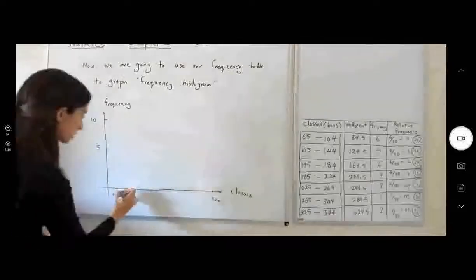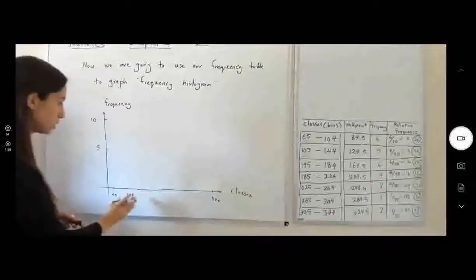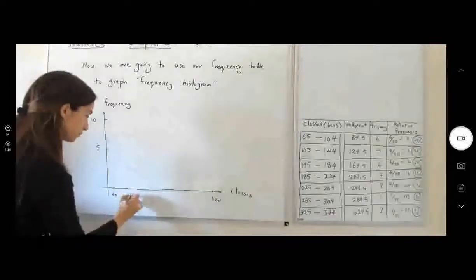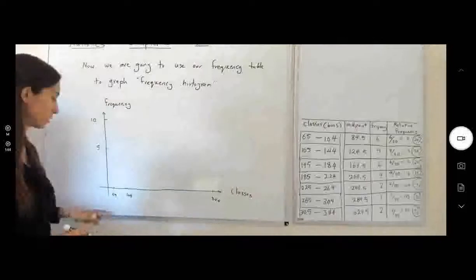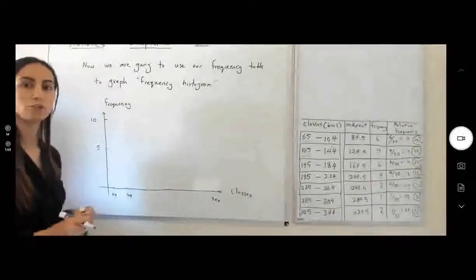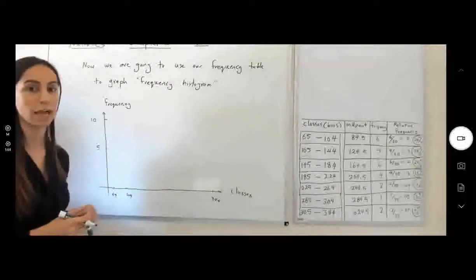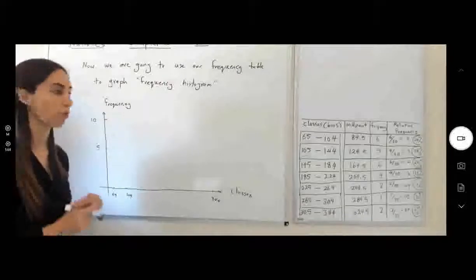Very well, 65 to 104. So this is your first class. First of all, when you're using a histogram, you cannot have any gaps in between your bars.